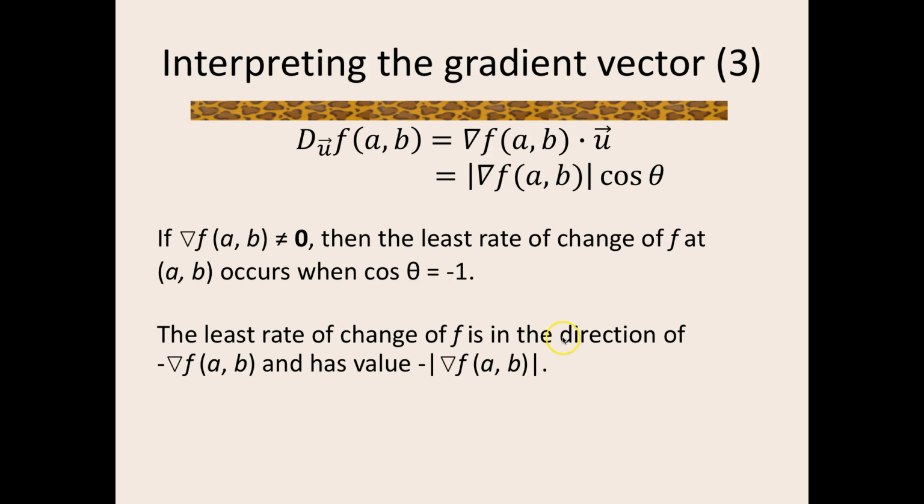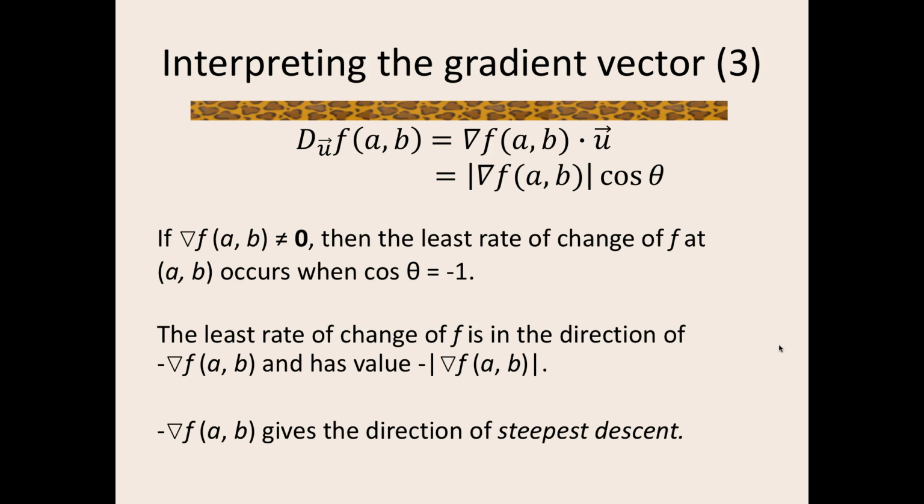So we say that the most negative rate of change of the function is in the direction opposite the gradient, and the value of it would be the negative magnitude of the gradient vector, because again, cosine theta would be -1. So in this case, we say the opposite of the gradient vector gives the direction of steepest descent. Okay, so we had a directional derivative of 0 in a direction that's orthogonal to the gradient vector, the direction of steepest ascent, and now steepest descent.